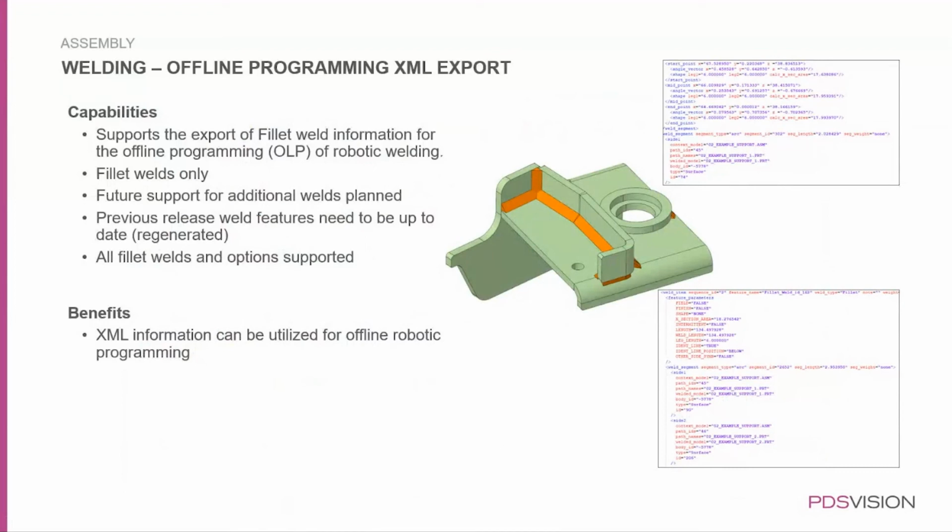And now we have a capability to export the solid welds so that we can reuse that information in the robots so that they can start welding. And if I look into the XML data, it's basically showing the starting point and orientation, midpoint and orientation, endpoint and orientation, so that one can then interpolate the required welding path based on that.